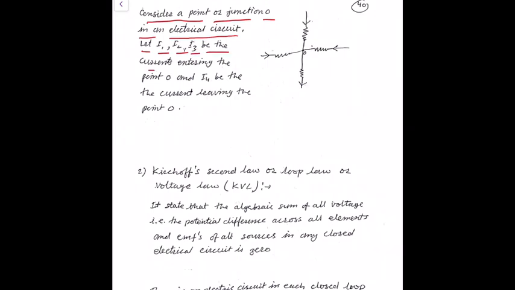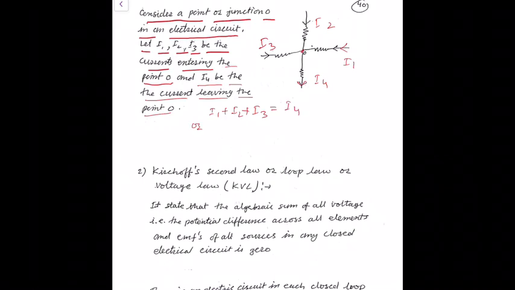Let I1, I2, I3 be the currents entering the point O, and I4 be the current leaving the point O. Then, according to Kirchhoff's first law, I1 plus I2 plus I3 is equal to I4, or we can write I1 plus I2 plus I3 minus I4 is equal to 0, or summation I is equal to 0. This is the first law.